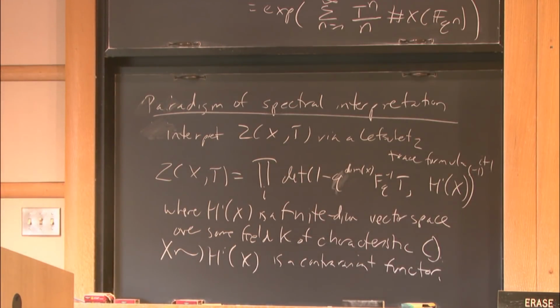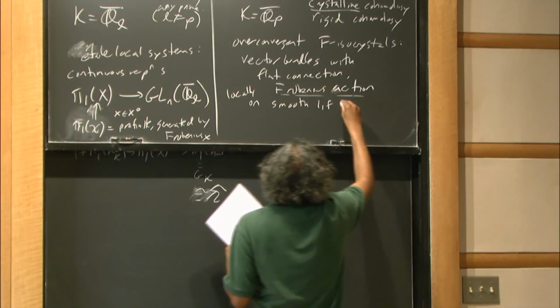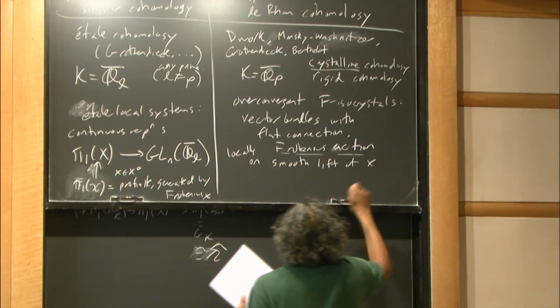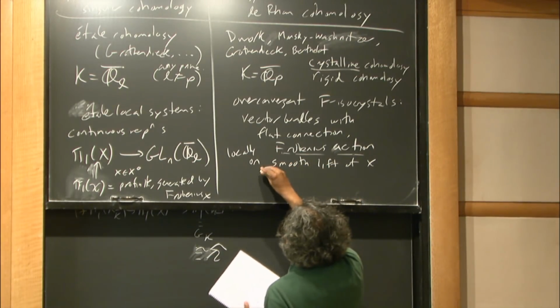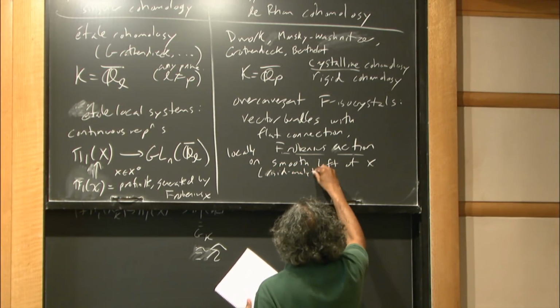So the way you get out of this is you don't work directly on x. You work locally, you work on a smooth lift of x. And well, not in an algebraic sense, but in some sort of rigid analytic sense.